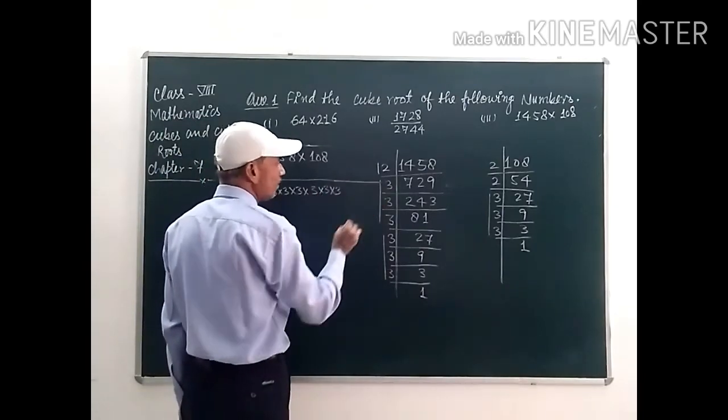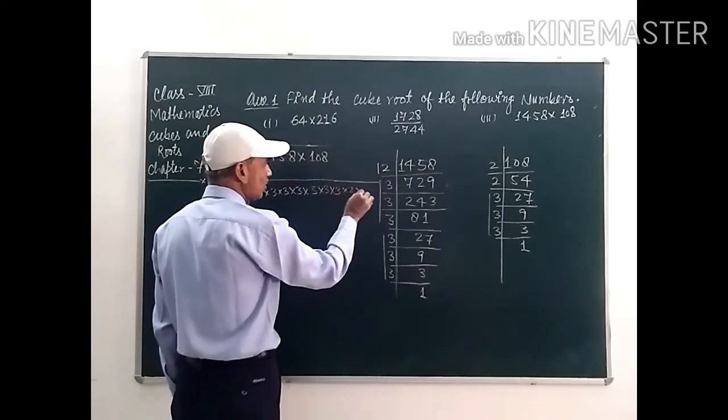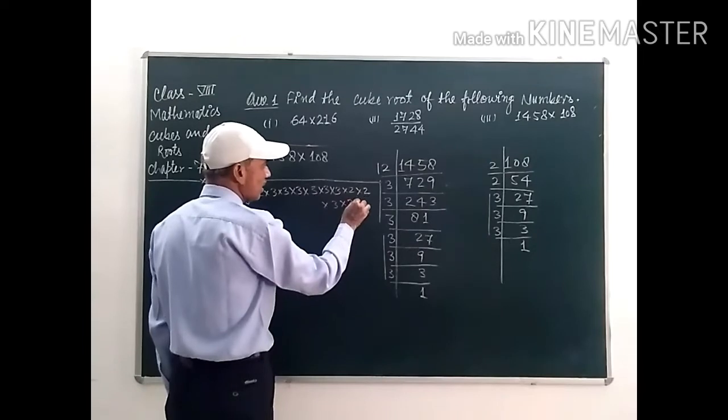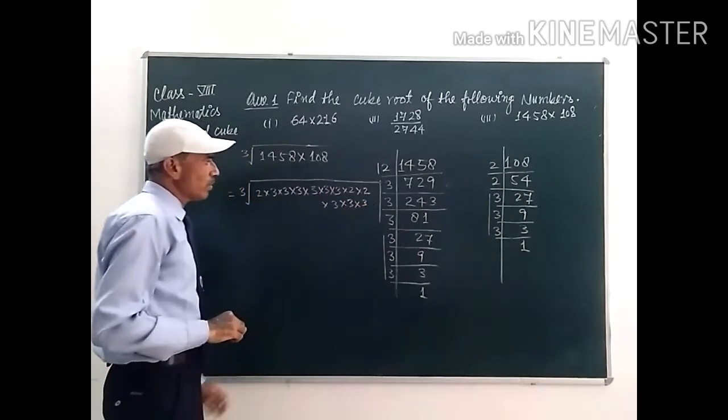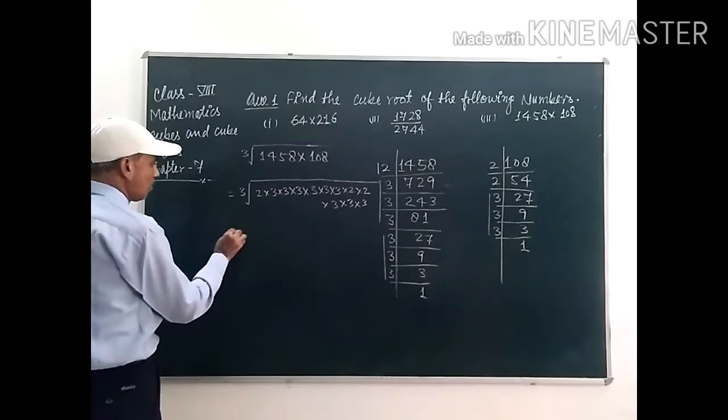Again write the factors of that number, that is 108, 2 into 2 into 3 into 3 into 3, okay, students. So, write the factors in a sequence now.